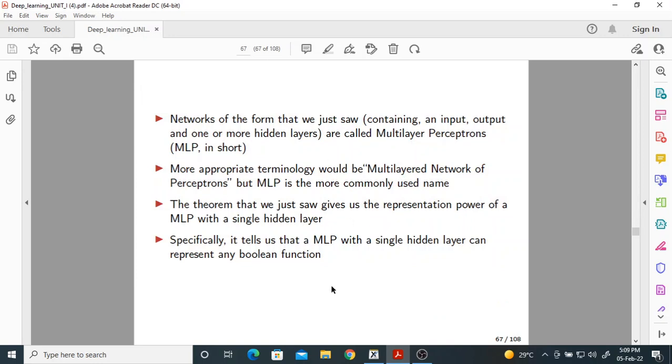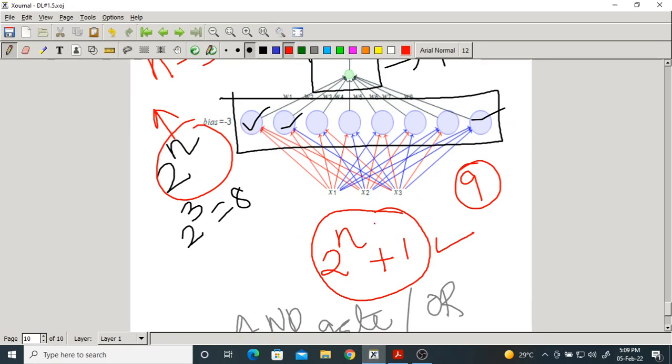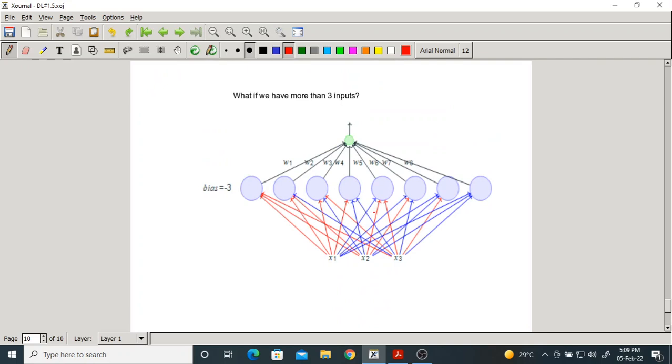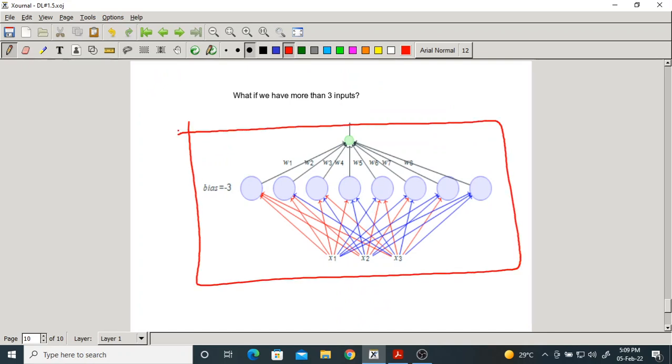This is called a multi-layer network of perceptrons, simply MLP. All of this is a network of perceptrons, also called multi-layered perceptrons, MLP.